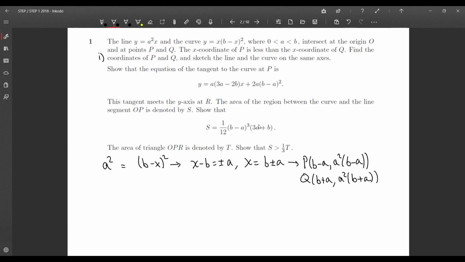And then it wants us to sketch the line and the curve on the same axes. So just imagine we have something like this. So this is y equals a squared x. Now, this cubic, I'm not sure how to deal with.